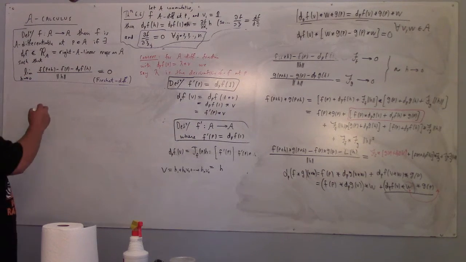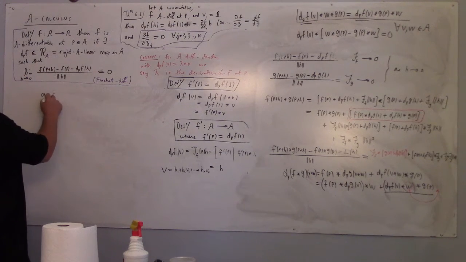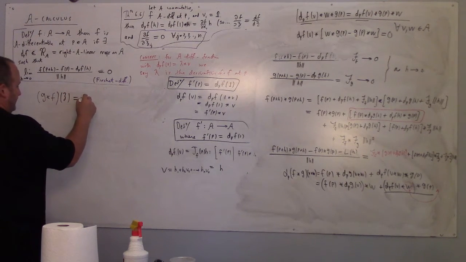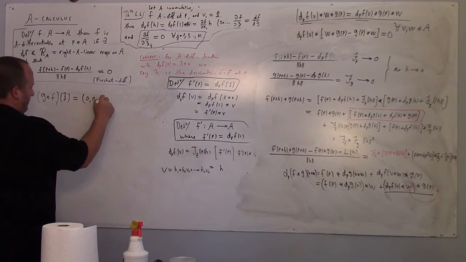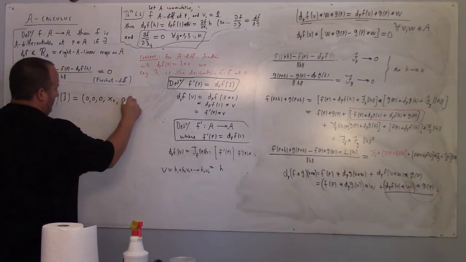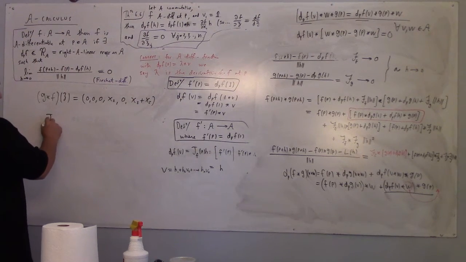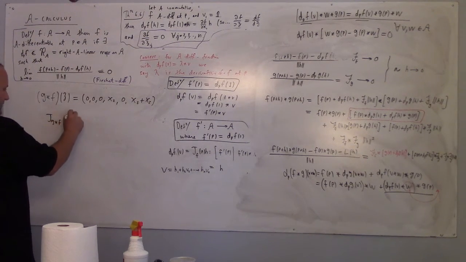So G star F, can you tell me the formula? On 5.11, it was 0, 0, 0, x2, 0, x2 plus x5. Okay, so the Jacobian of G star F, what is it?